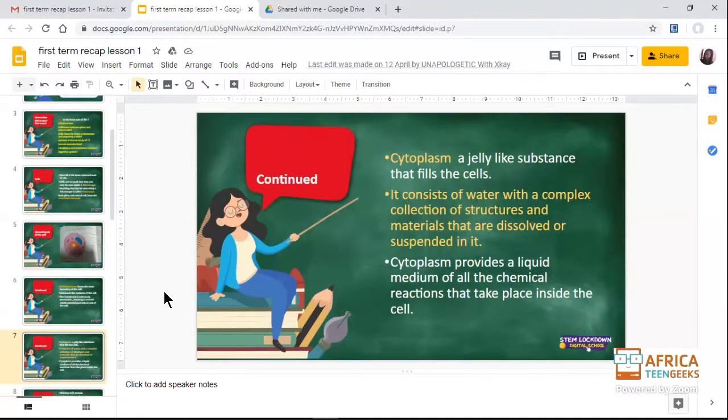So we find all the other structures or parts of the cell inside of this substance. So the cytoplasm provides a liquid medium for all the chemical reactions that take place inside the cell. So who can give me an idea of what chemical reactions take place inside the cell? Who has an idea?